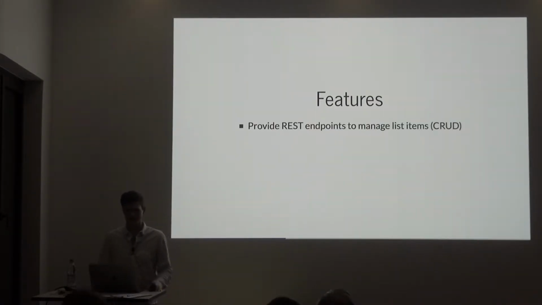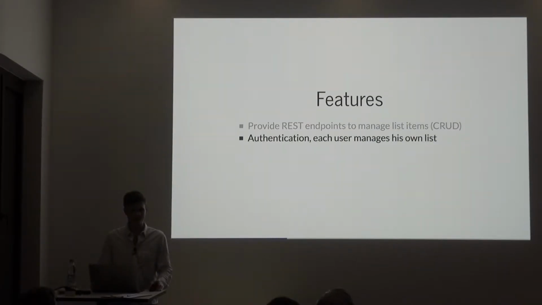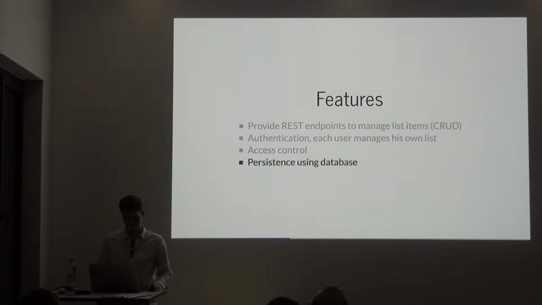It provides REST endpoints to manage these to-do list items. It also has some kind of authentication so that each user actually manages their own list, and each user should not access lists that are not theirs. So nobody accesses or edits lists of other people.